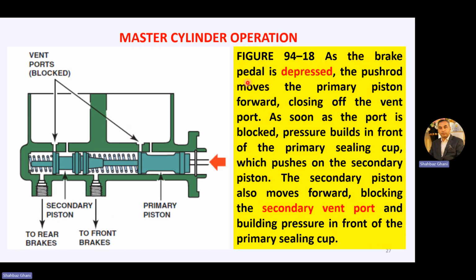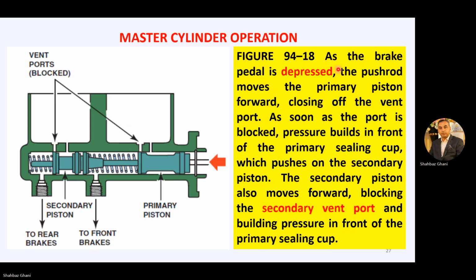Now, as the brake pedal is depressed, the push rod moves the primary piston forward, closing off the vent port. Then the spring is compressed and the secondary piston is also moved and it blocks the other vent port.